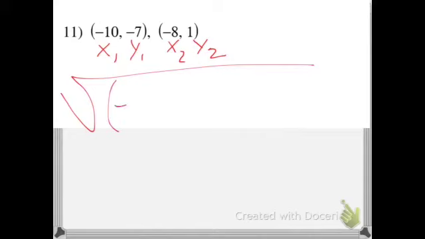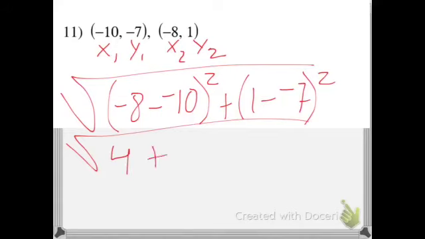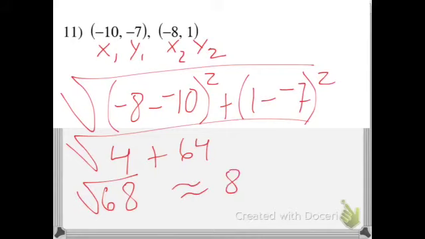We got to do x2, -8, minus x1, which is -10, square it, add y2, that's 1, minus -7, that's y1, square it. -8 minus -10 is -8 plus 10, which is 2, square that, you're going to get 4. 1 minus -7 is +8, square that, you're going to get 64. We're trying to get now the square root of 68. And the square root of 68 is approximately 8.2.